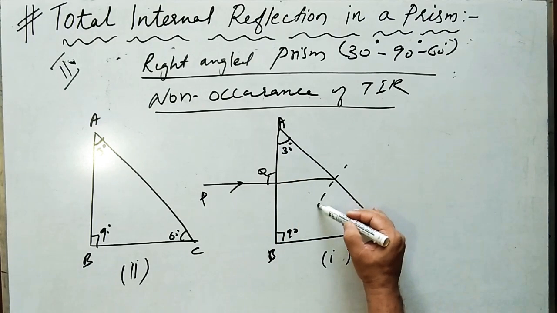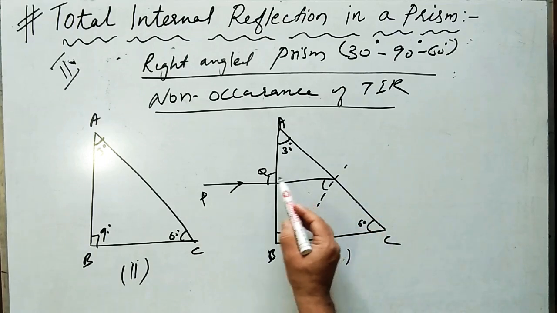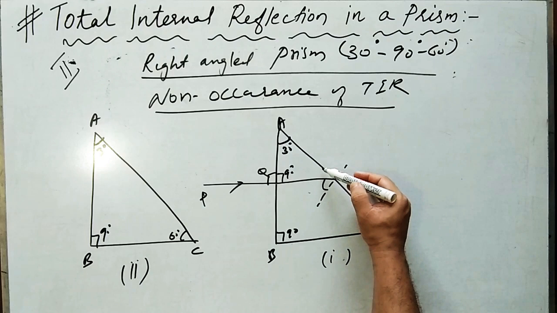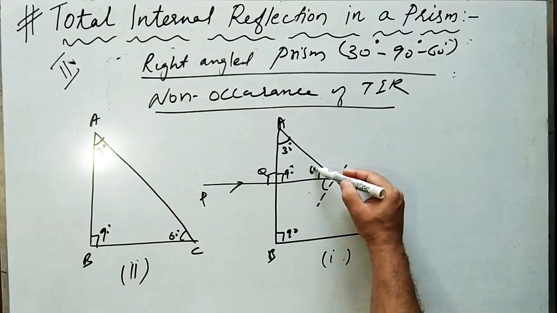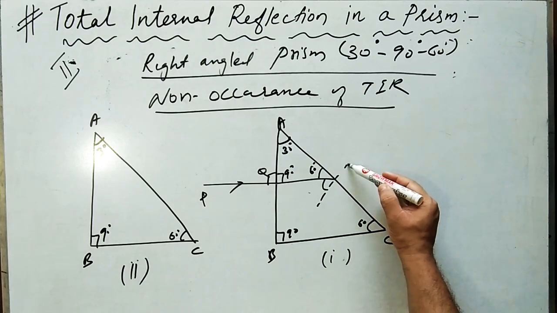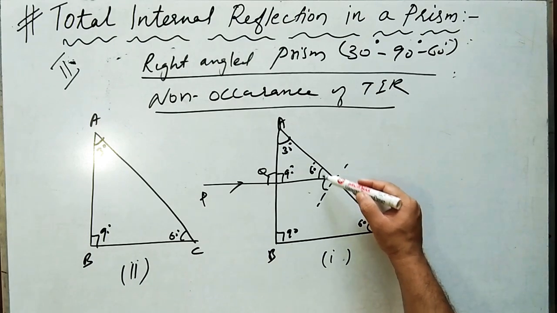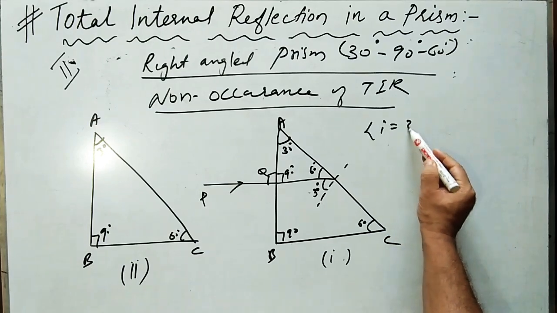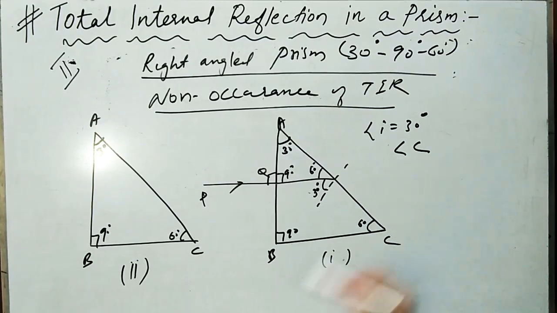So what is the angle of incidence here? We don't know, so we have to find out. This is 90 degree, so 90 plus 30, 120. The remaining angle, 180 minus 120, is 60 degree. So this is the normal, and 90 minus 60, the remaining angle, is 30 degree. So the angle of incidence is 30 degree, which is less than the critical angle.